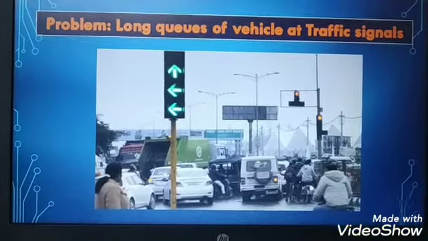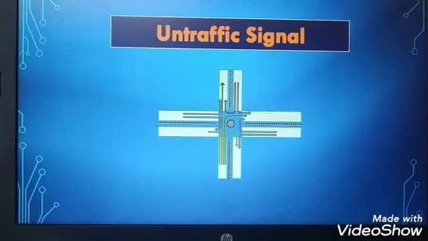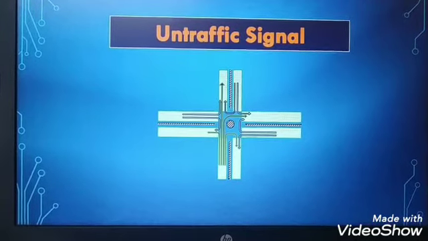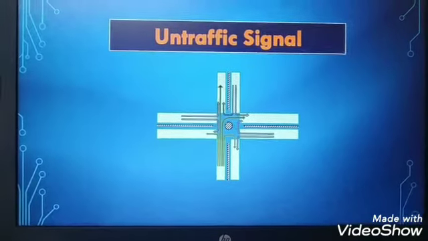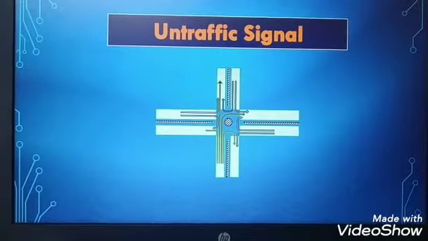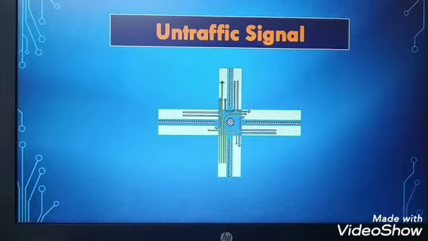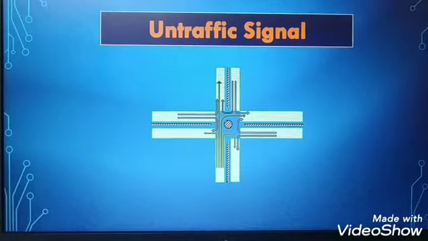So for that I have made an idea, that is an untraffic signal. As you can see, there are a few arrows at the intersection of roads. I will be discussing what these arrows actually mean and how this concept is going to help untraffic our roads.